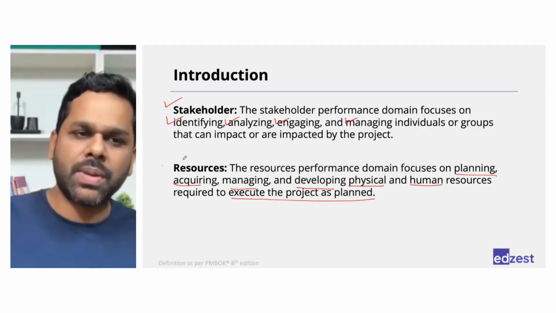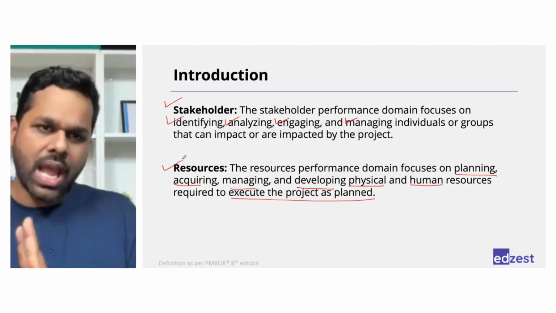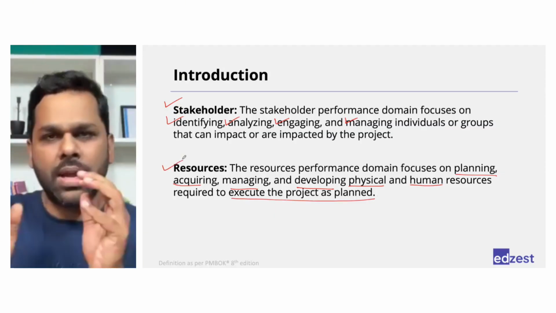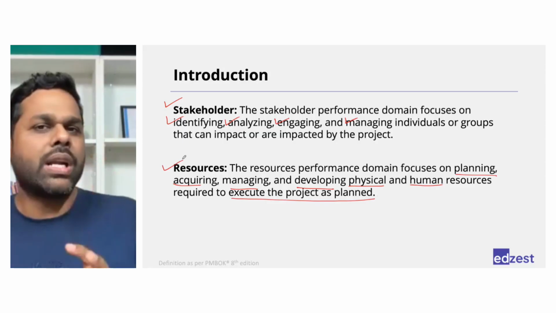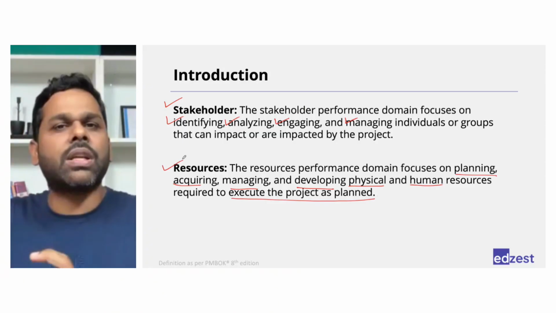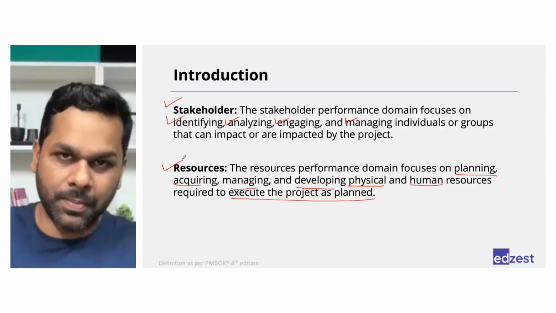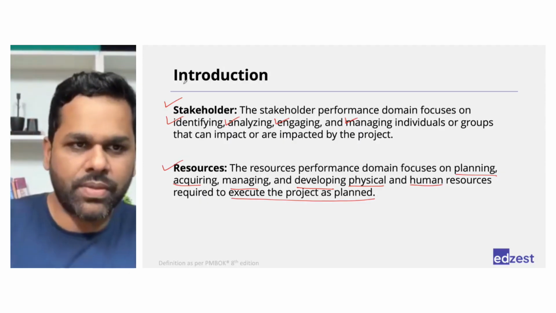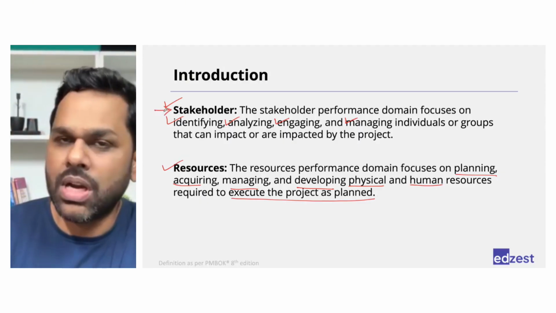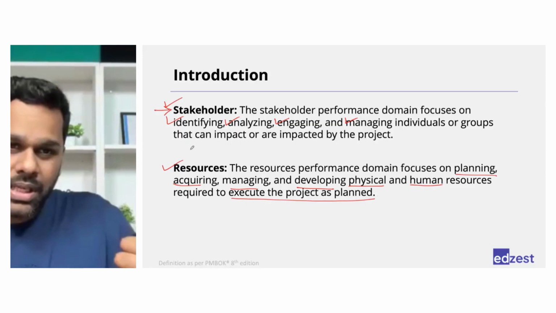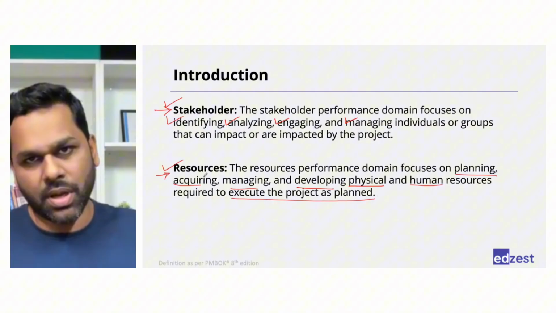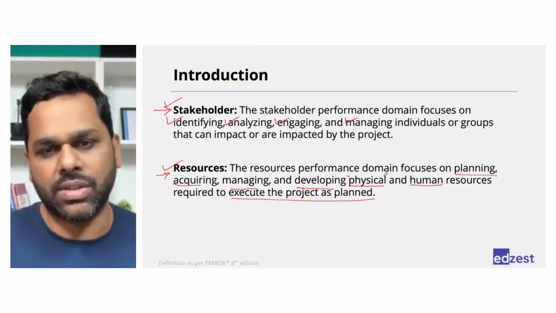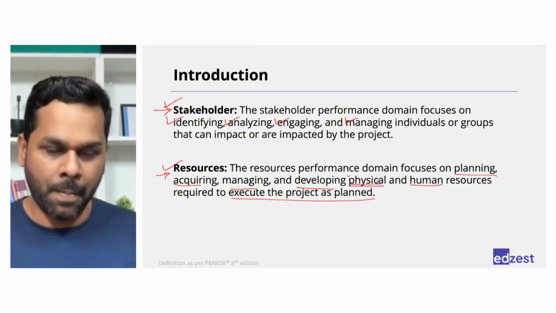Resource performance domain includes planning, acquiring, managing, and developing these resources so that they can deliver the project in the best way possible. That's what we are going to discuss today: stakeholders, people who can impact our project, and resources, people who will help us in the management of the project, along with some physical resources as well.